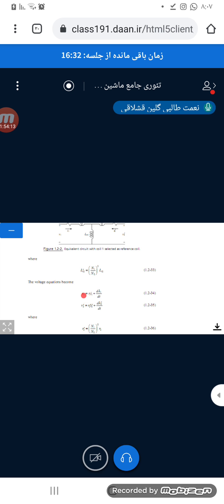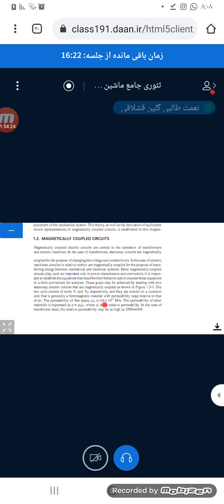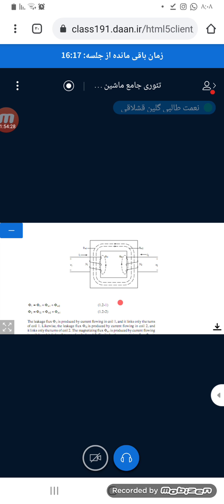Simulation means solving these two equations numerically. You can try this with the loading set, and you can see the voltage, current, flux, and other things. It's simple.